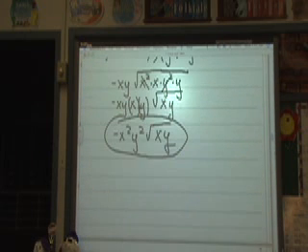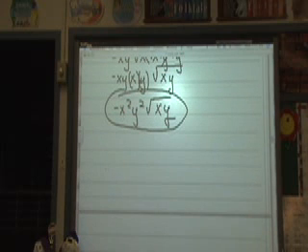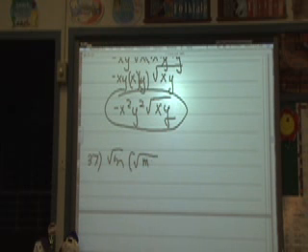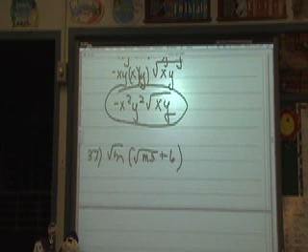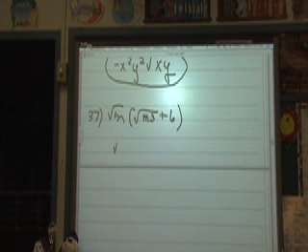37. The square root of m times the square root of m cubed plus 6. Patrick? It would be the square root of m times m cubed. Well, what is that?